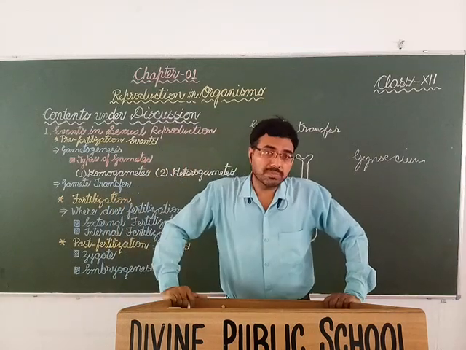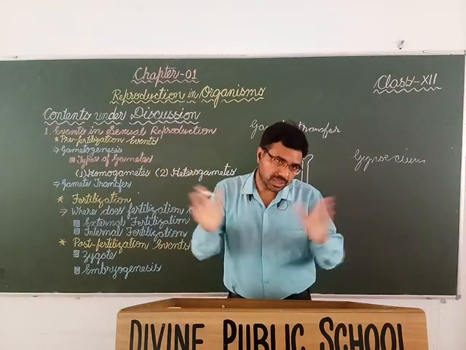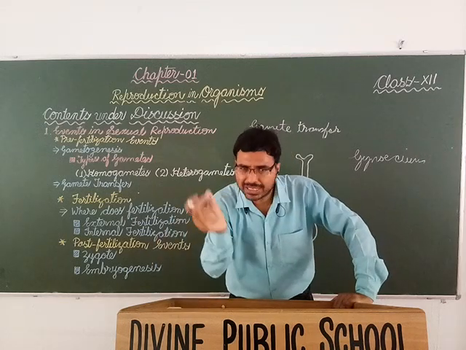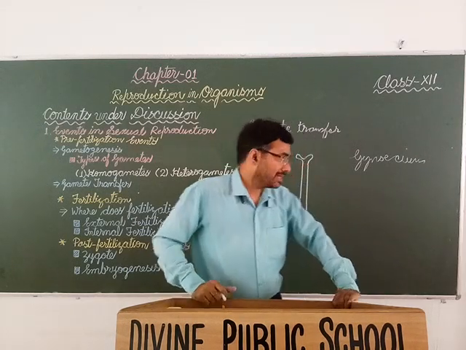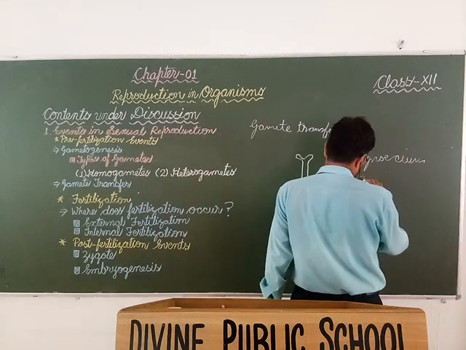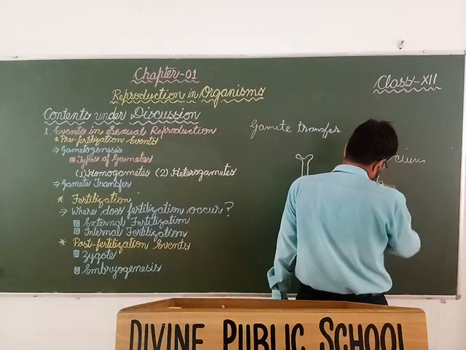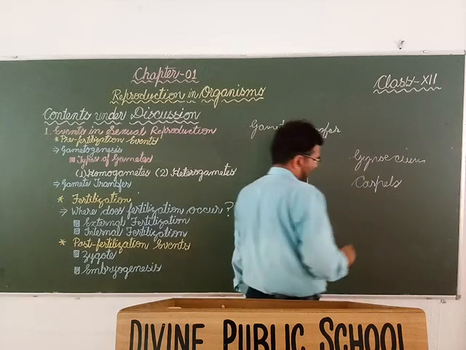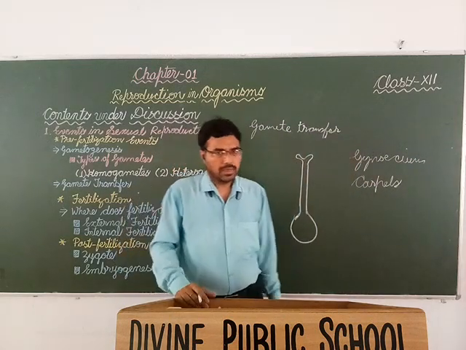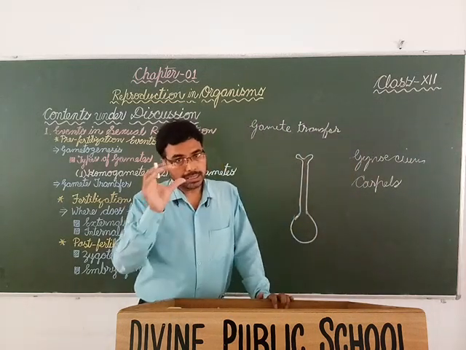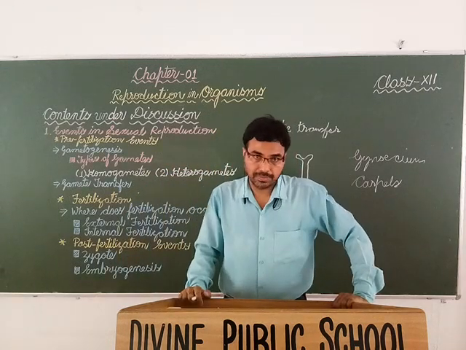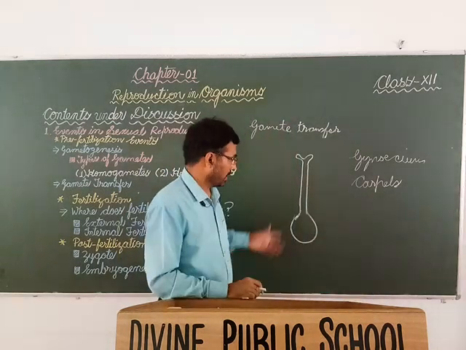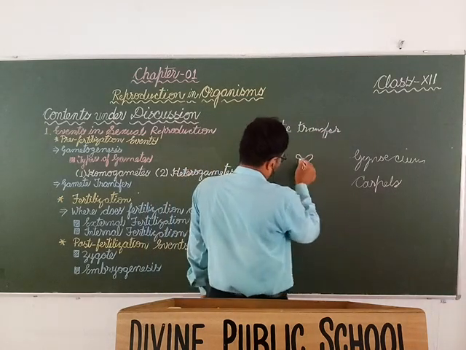So this gynoecium is made up of unit structures, separate structures, and these structures are called carpels. And a single carpel has 3 different regions.